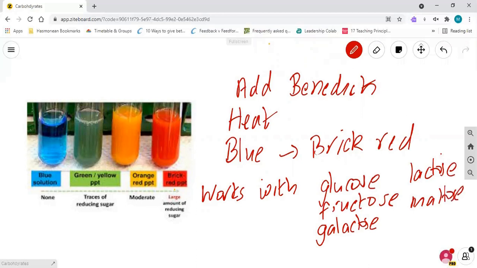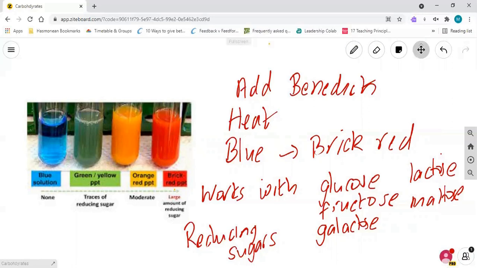And that is because they are called reducing sugars. Why are they called reducing sugars? They're called reducing sugars because they reduce, in other words, they cause the gain of electrons. They reduce the copper ions that are in Benedict's and make them change colour. However, it does not work with sucrose.